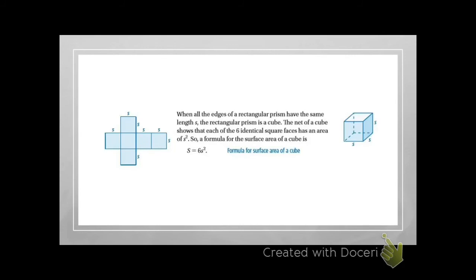So a formula for the surface area of a cube is surface area equals 6s squared. Remember, side squared is the formula for the area of a square, so if we have 6 of those, then surface area is equal to 6 times side squared. That's what they're basically telling you.